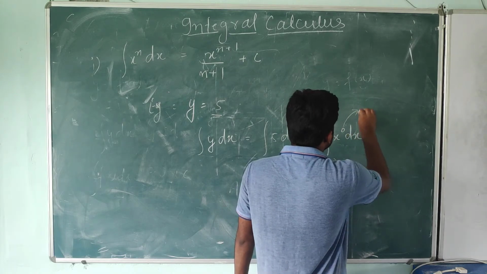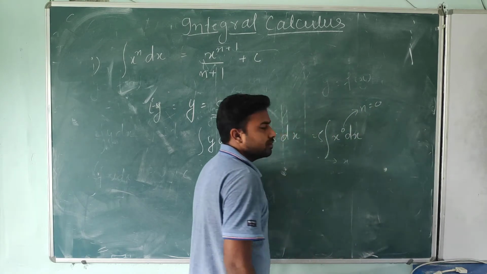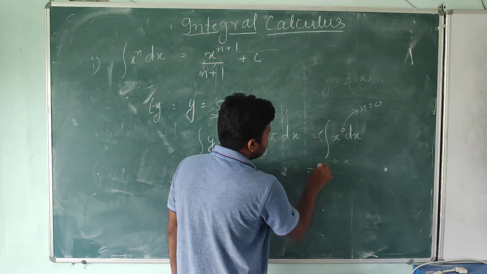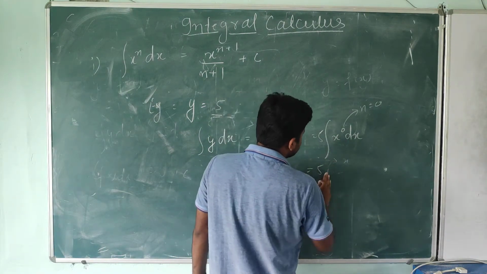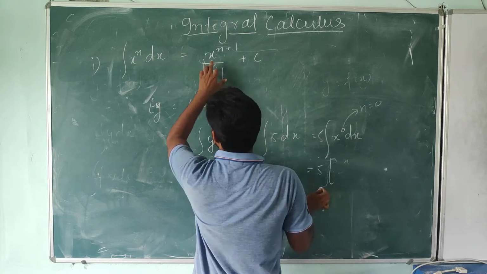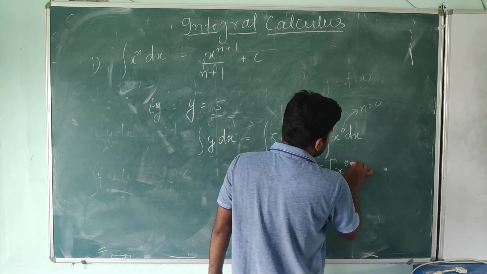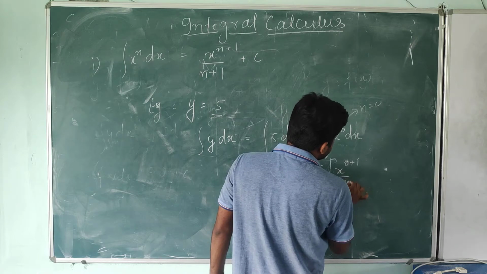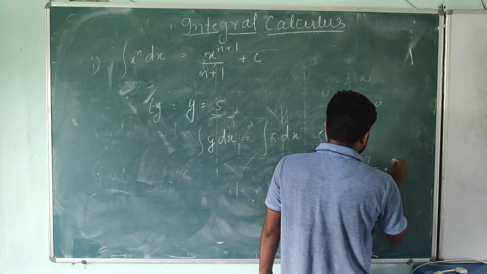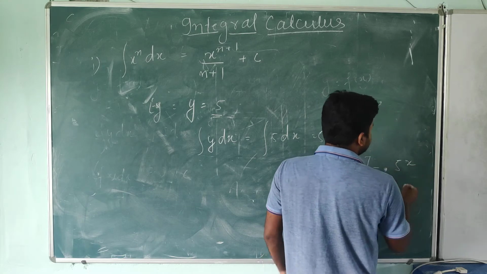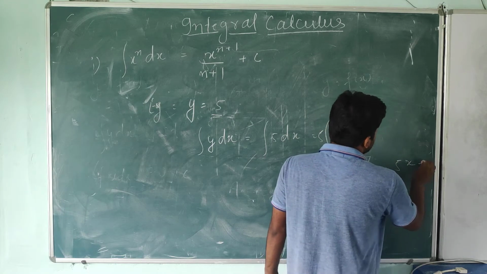So here n is what, student? n is 0, is it or not? So we can write 5, and we'll use this formula: x to the power 0 plus 1 divided by 0 plus 1, is it or not? And what we will get, 5, this one is x divided by 1, we don't need to write it, so you will get 5x plus c, I am writing.